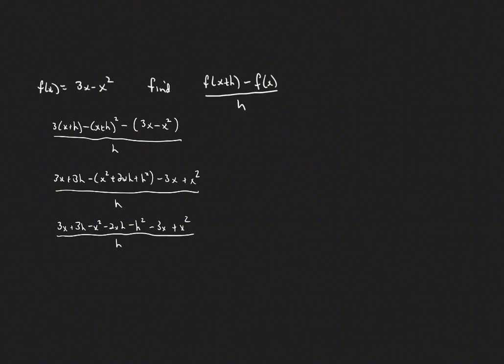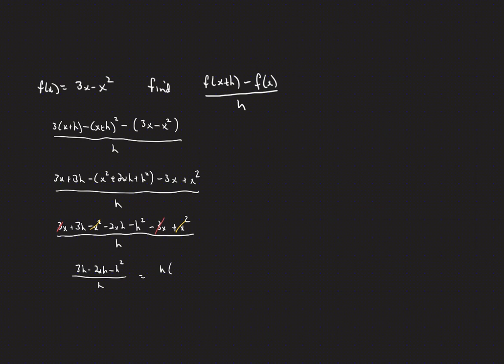If we did this right, everything that doesn't have an h should cancel. So it looks like 3x and a -3x are going to cancel. Negative x squared and a positive x squared are going to cancel. And I think everything else has h's. So we're going to get 3h minus 2xh minus h squared all over h.